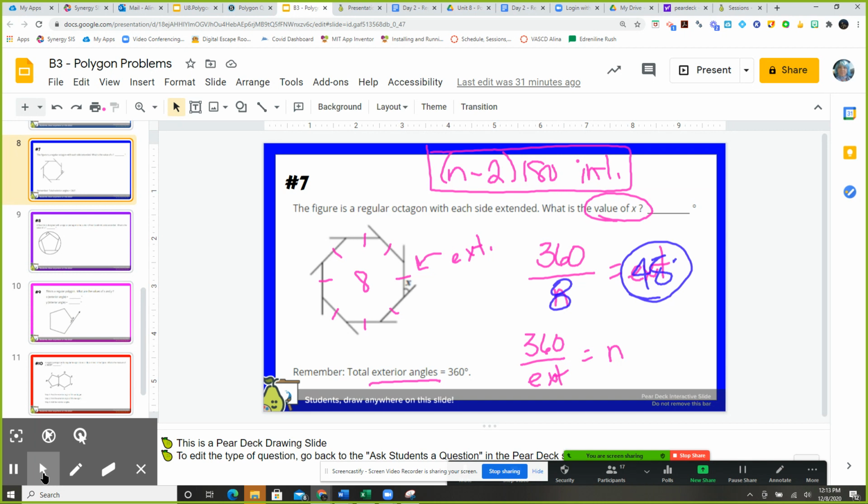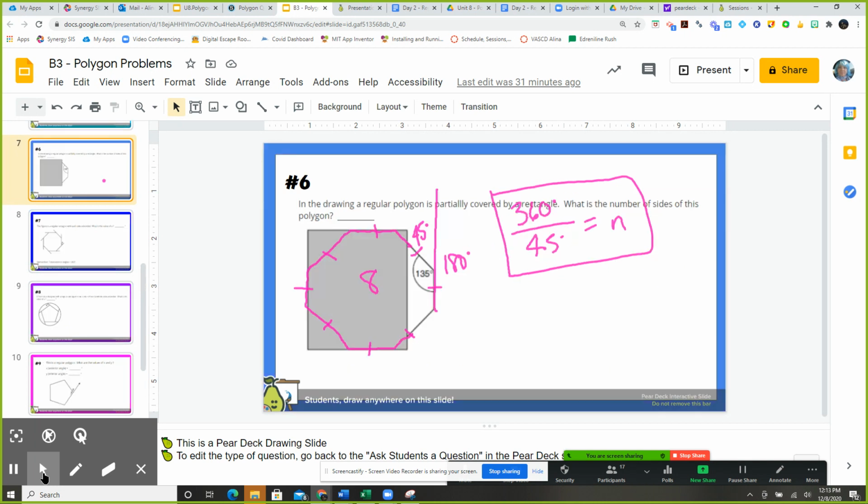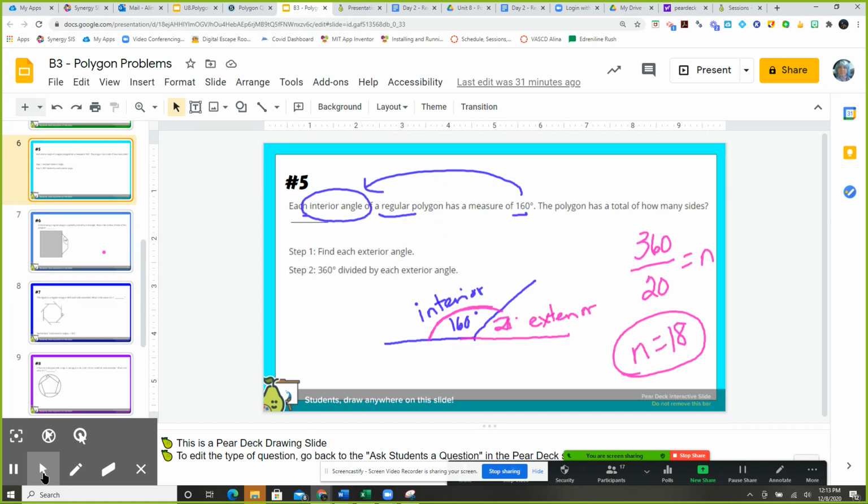Exterior angles are always easier to find. Slide number 6, n equaled 8, because we found the exterior angle and then did 360 divided by the angle gives us the number of sides. Interior and exterior angles add up to 180. So this was number 5.